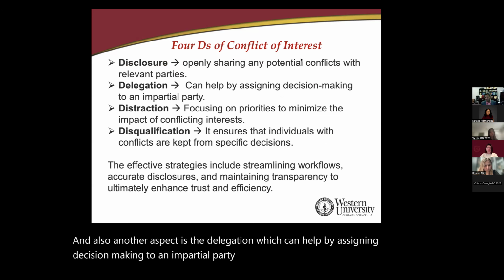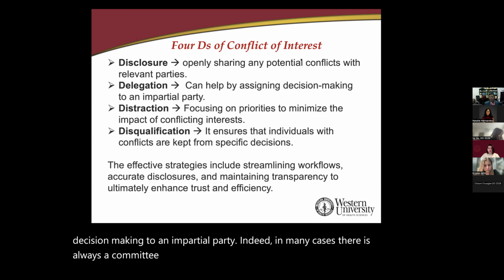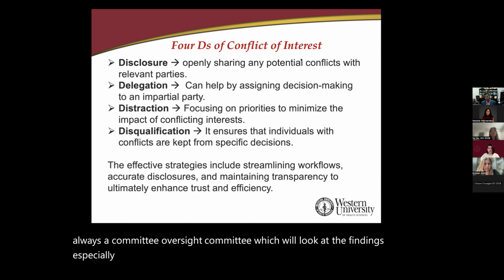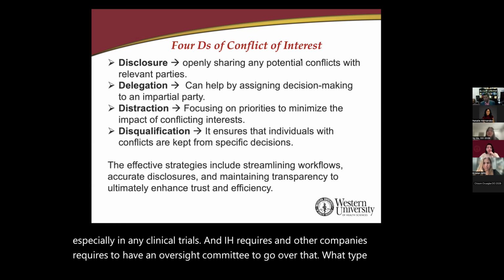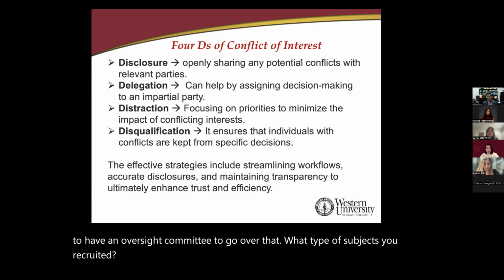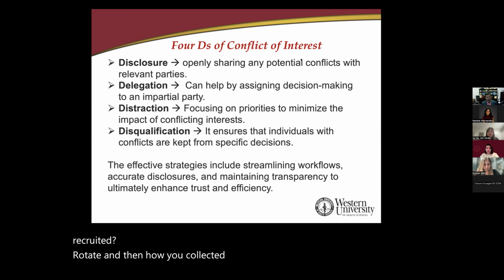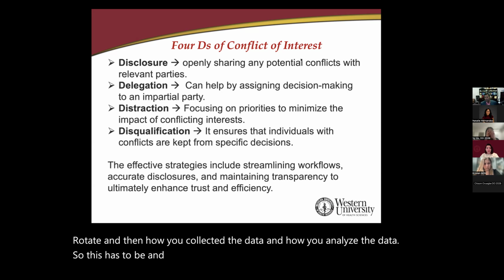Indeed, in many cases there is an oversight committee which will look at the findings, especially in any clinical trials. NIH and other companies require an oversight committee to go over what type of subjects you recruited, how you recruited, how you collected and analyzed the data, and how you made the decisions regarding certain aspects of the study.